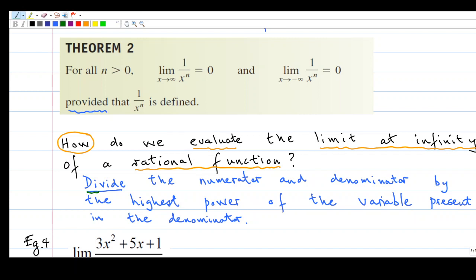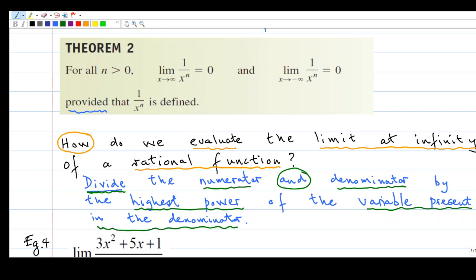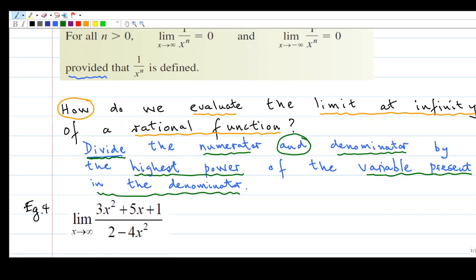So we divide the numerator and denominator by the highest power of the variable present in the denominator. Right? So let's take an example.